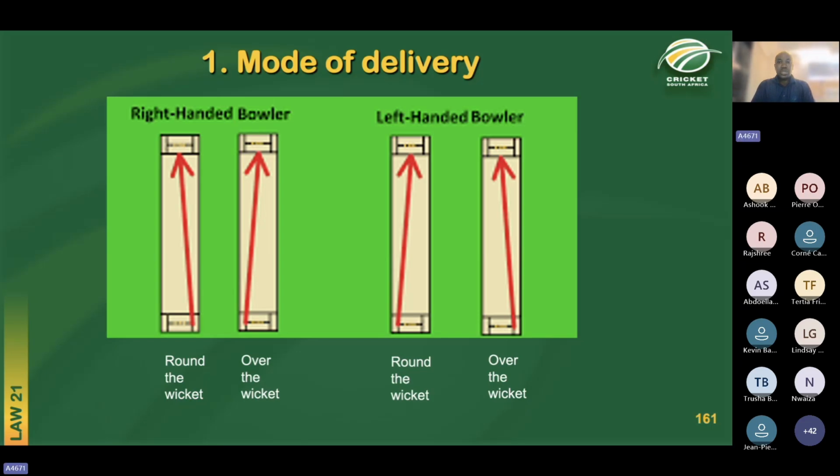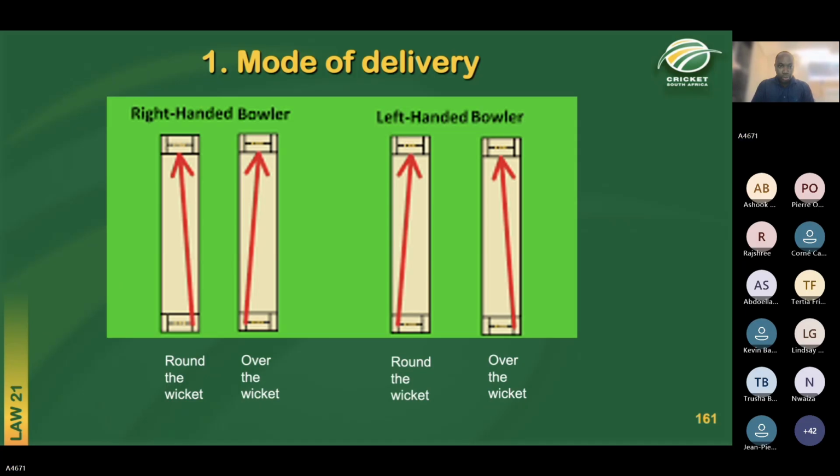The first thing that they will tell us is if they are right-handed or left-handed. And you do find more common nowadays than ever before, bowlers who bowl with both their right hand and their left hand. They are allowed to do so, but every time they change, they need to tell the umpire what mode of delivery they're changing to.